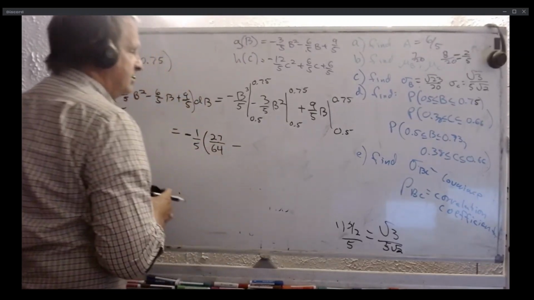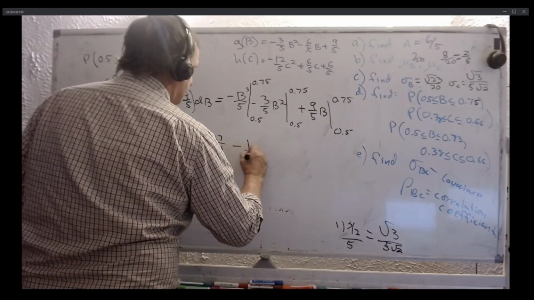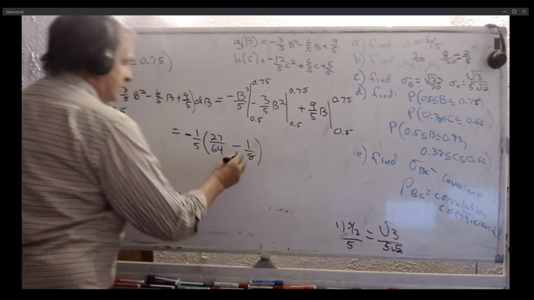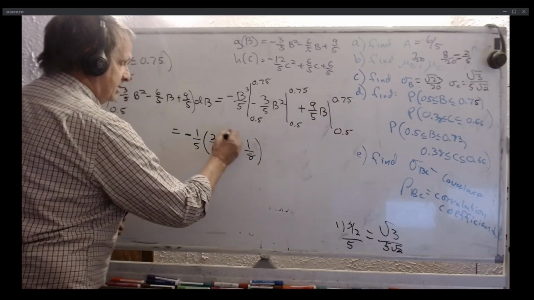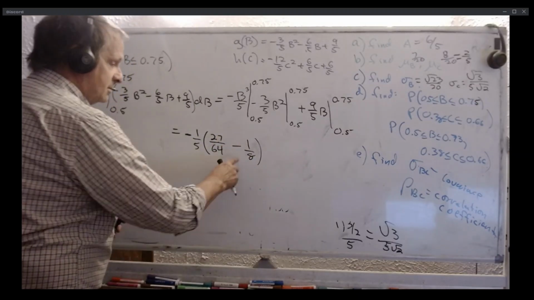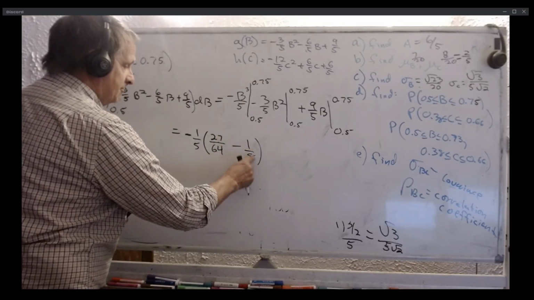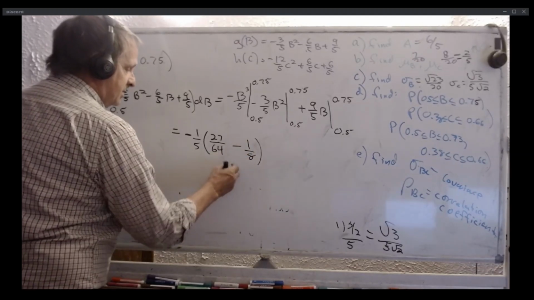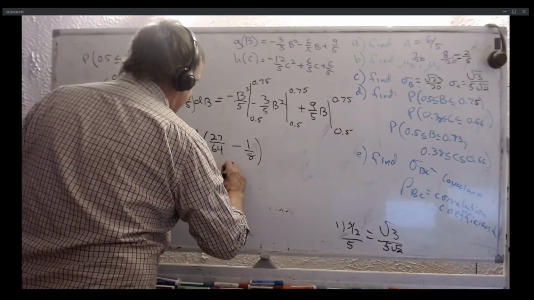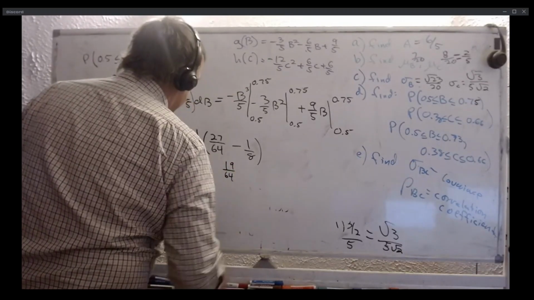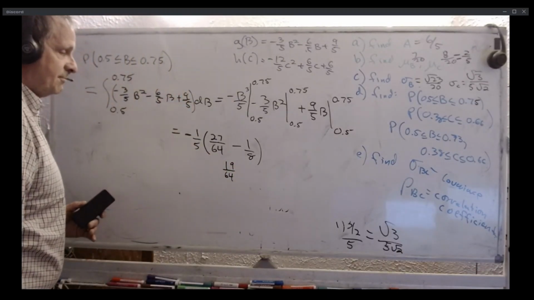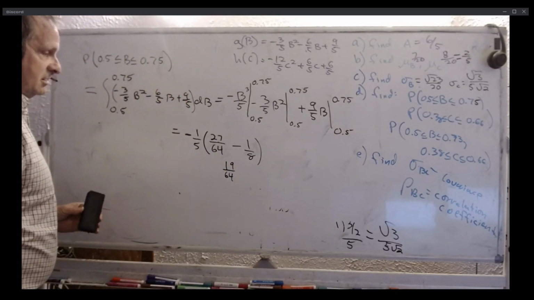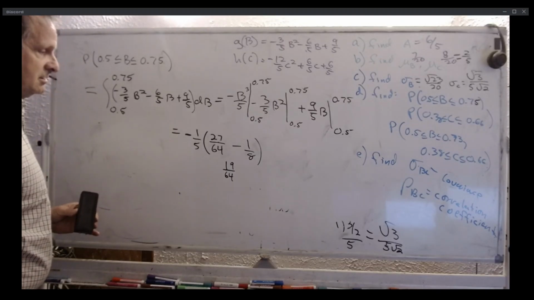I didn't cube it. Minus 1/8. Guys, you can do this rather easily, right? This is 8/64, right? So you're going to get 19/64 in the parens. Isn't that correct? Yes. Mm-hmm.